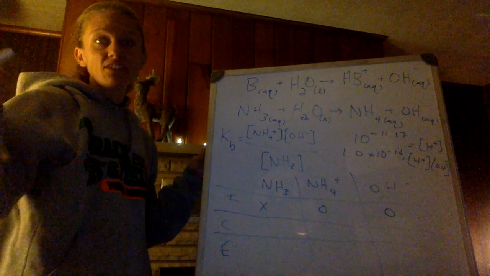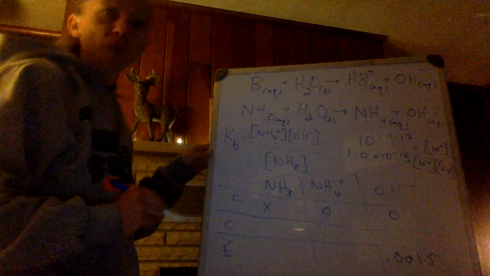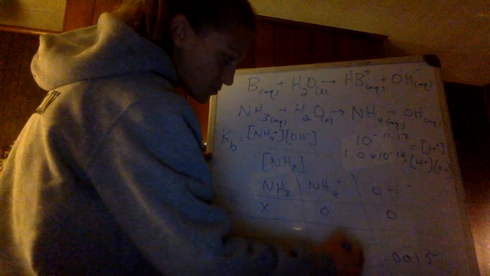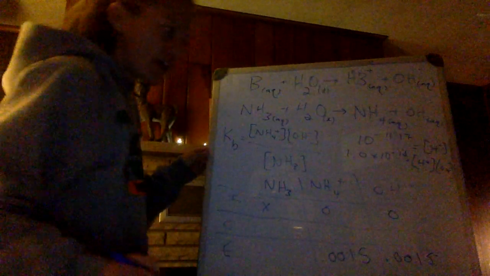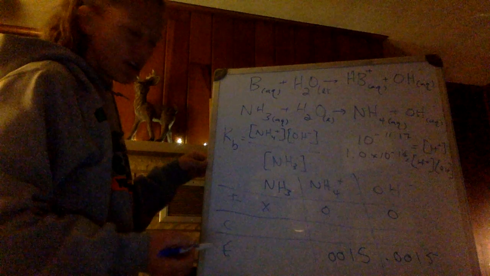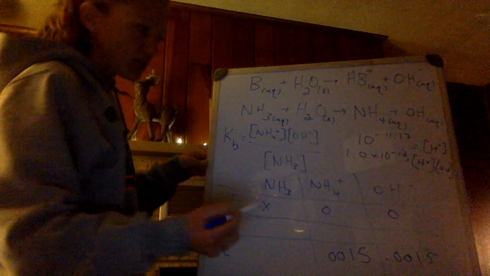So at the end, when I take its pH, the pH tells me my concentration of OH minus is 0.0015. My pH also tells me that that would be equal to my concentration of NH4 plus.